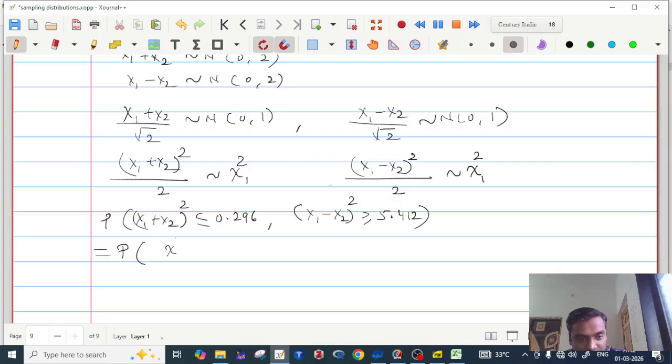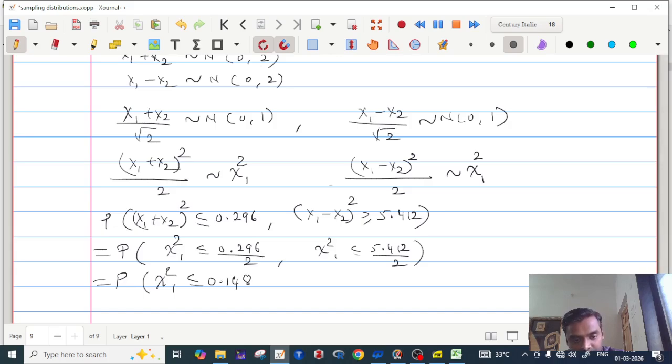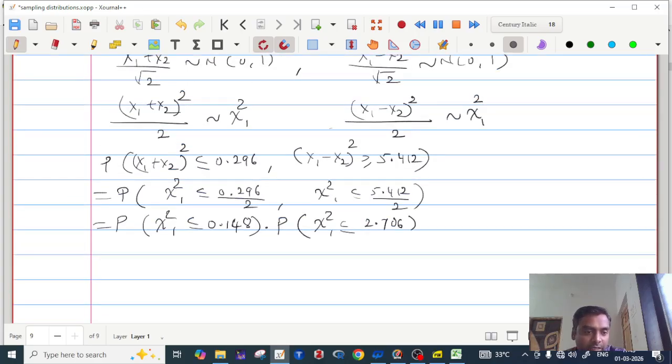If you divide this by 2, this will be chi-square 1 less than or equal to 0.148, into the other probability, which is 1 minus the probability of chi-square 1 greater than or equal to 2.706. Now you can see this value from the statistical table.